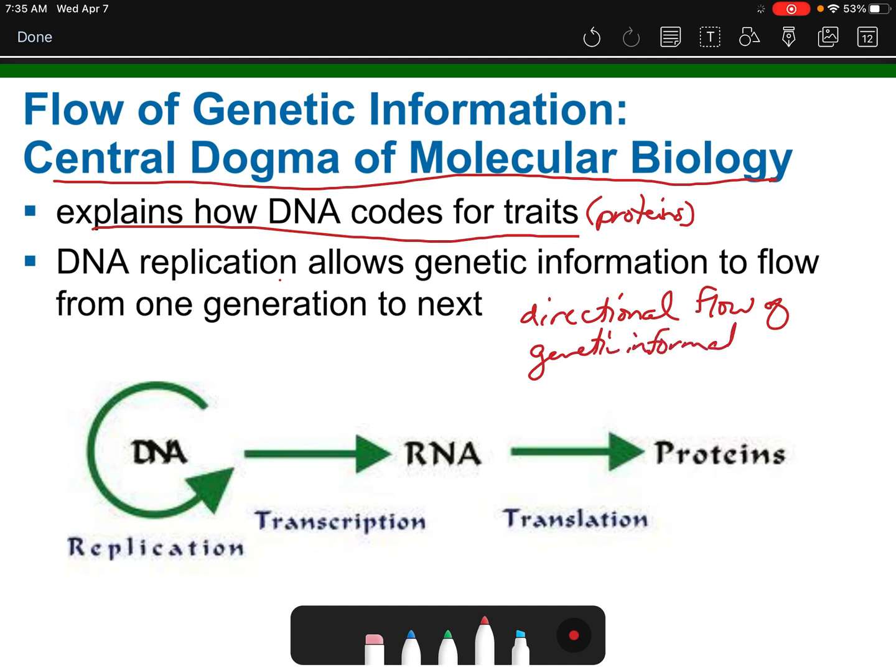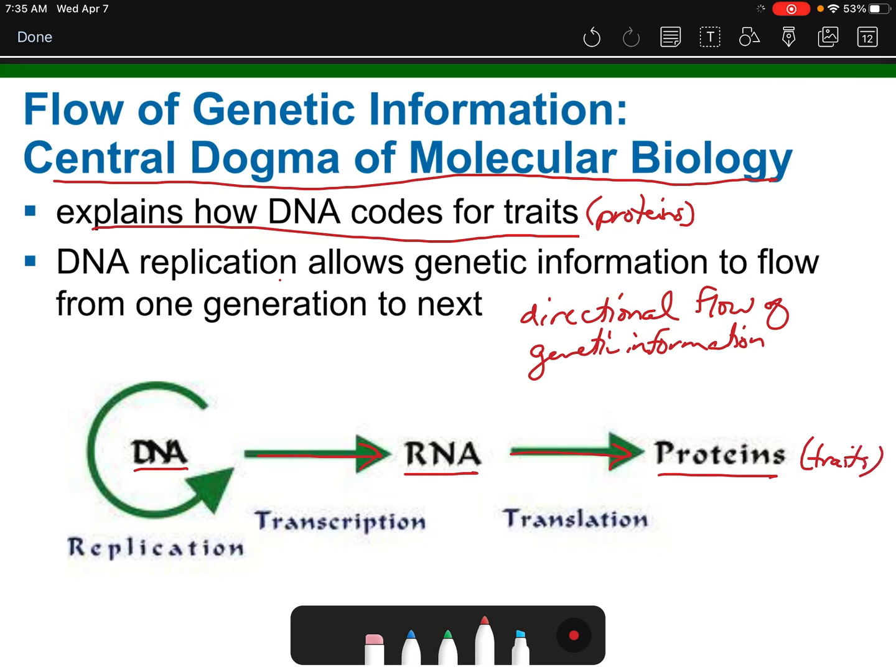Notice that those arrows are only going one direction. So we start out with DNA, and then we go to RNA, and then we go to proteins. Okay, that's the basis of the central dogma. It's how your DNA codes for proteins or your traits.